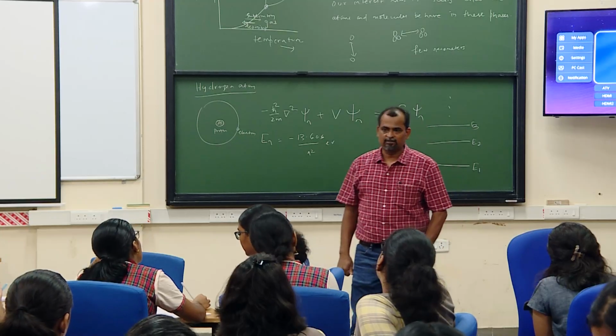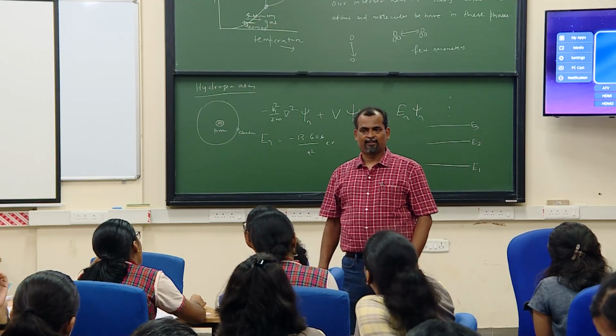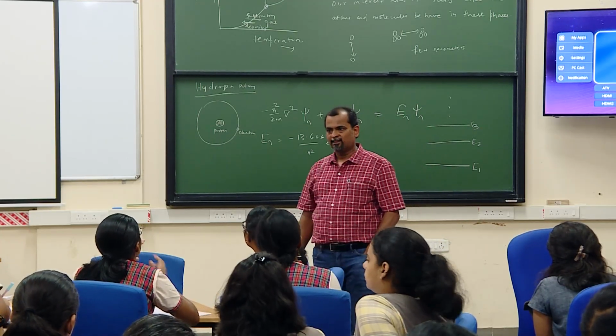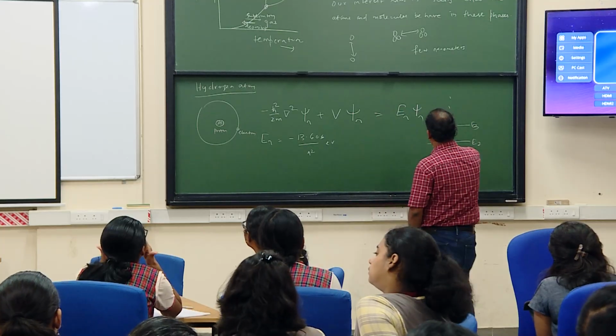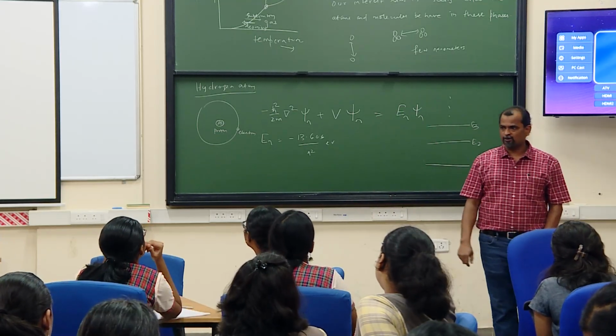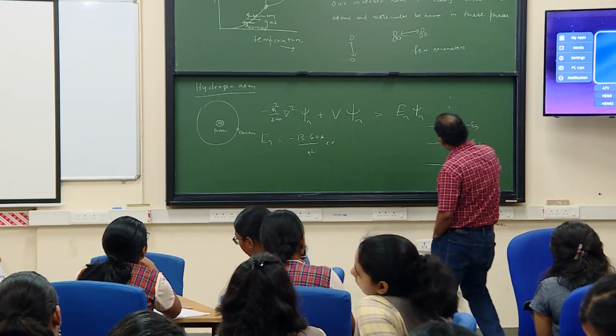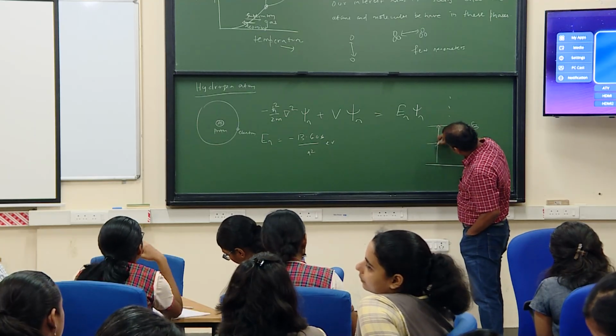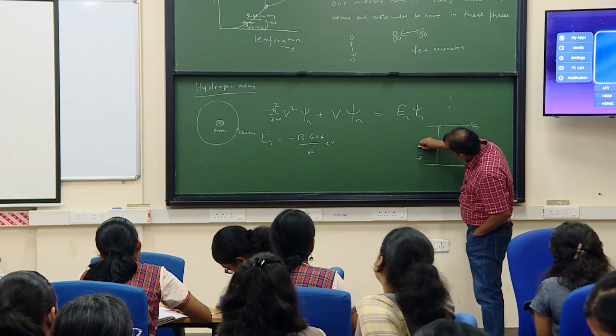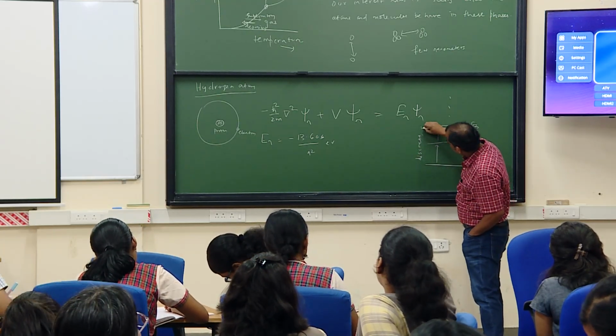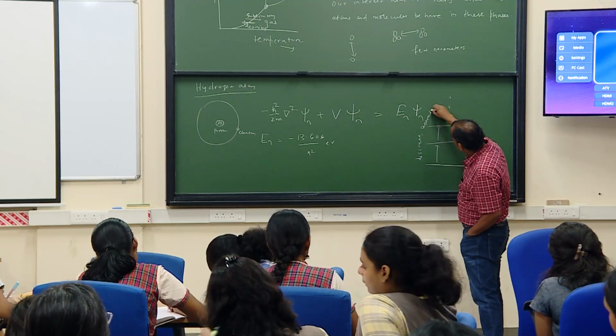That is how much? 3 point something. So the difference between them is around 9 to 10 electron volt. It tells that these levels are very discrete, separate from each other, right?